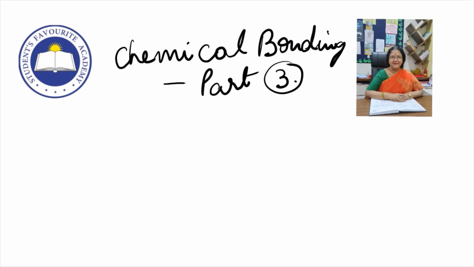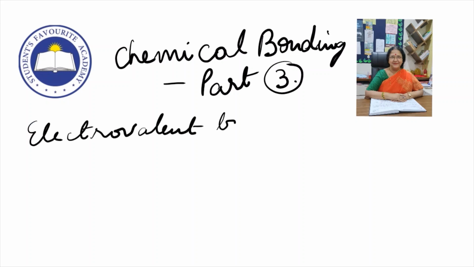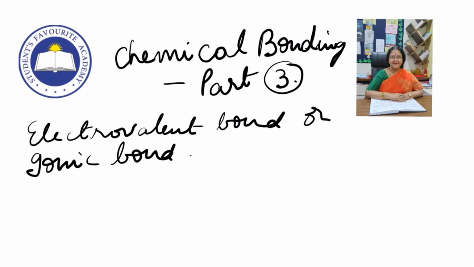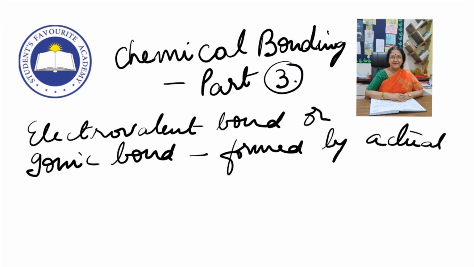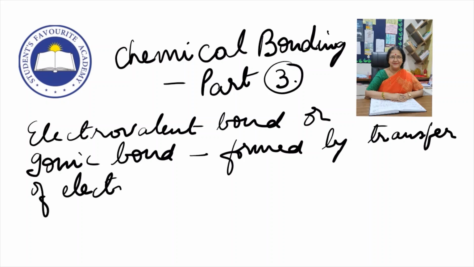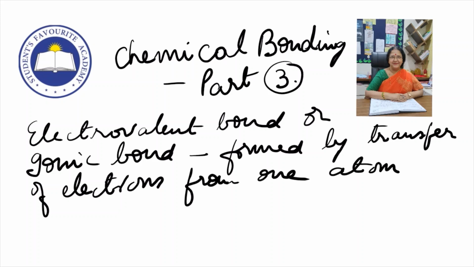So, electrovalent bond, the other name of which is ionic bond, is formed by transfer of electrons from one atom to another atom.